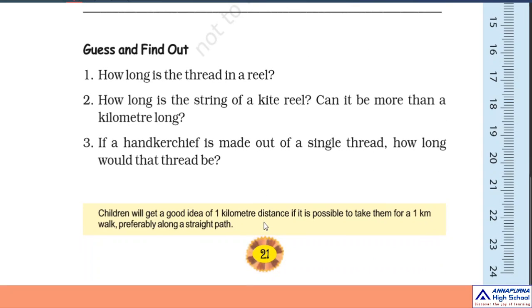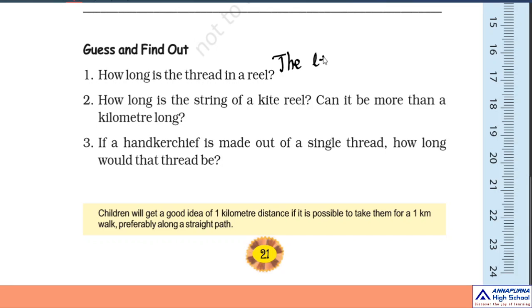Okay children, guess and find out. Here you have to guess the answer and write it. What is the first question, ma? How long is the thread in a reel? Do you ever see a reel, ma? The thread reel is there, na ma. So how long is it, ma?